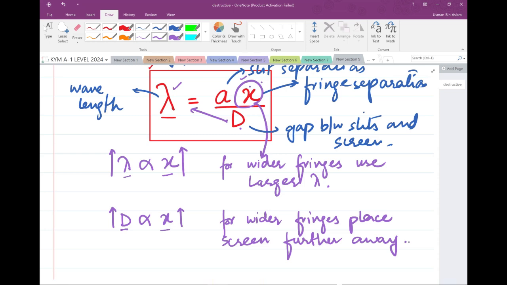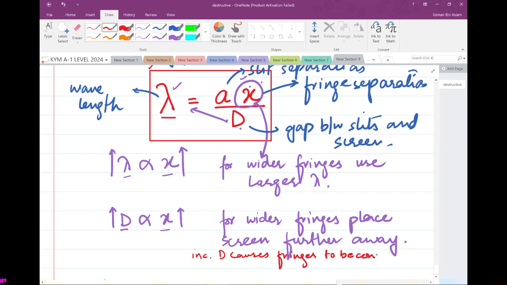But if you move the screen away from the projector, the image keeps getting bigger. That's exactly what is happening here. If you keep increasing the distance between the slits and the screen, the fringes are going to become wider and bigger, but they will start getting dull. So I'm writing this down here. Increasing D causes fringes to become dull.